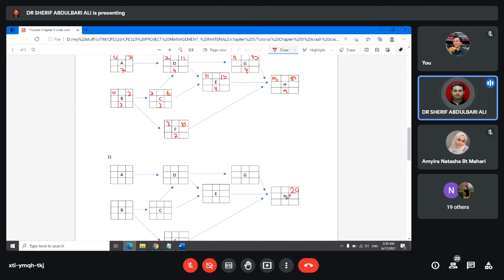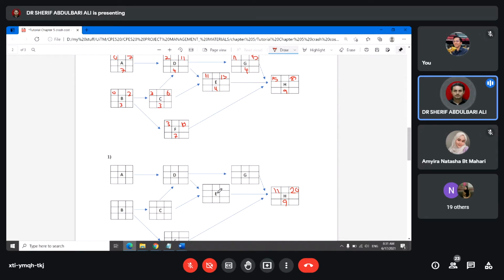So of course the duration for activity H is 9. This means I need the values coming in here from activity E and activity G to be 11.